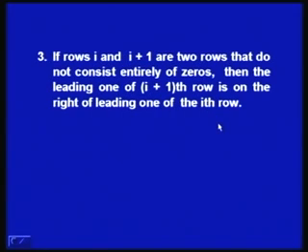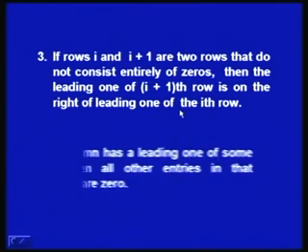The next property is, if there are 2 rows having non-zero elements, that means rows which do not consist entirely of zeros, let us say rows i and i plus 1, then the leading one of the (i plus 1)th row is on the right of the leading one of the ith row. This I will explain with the example.